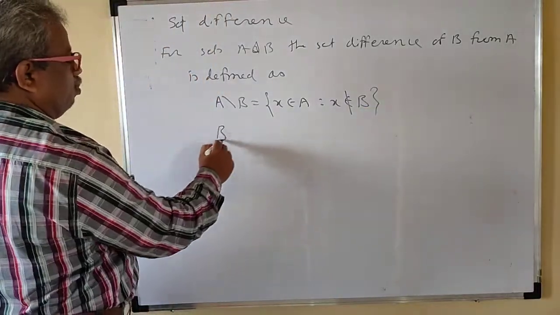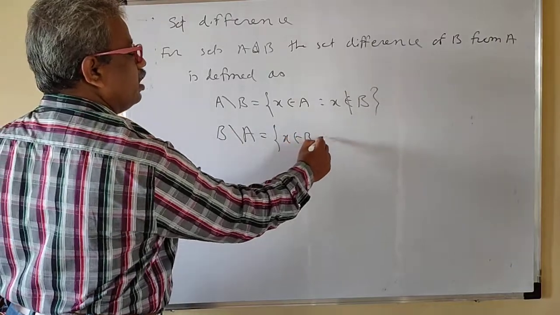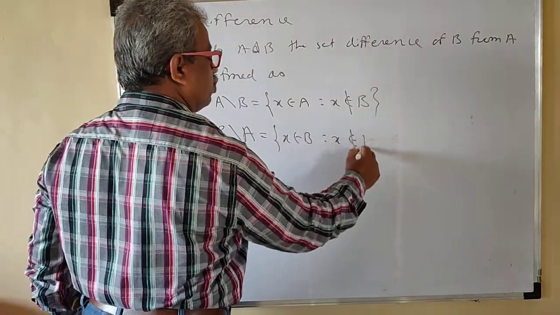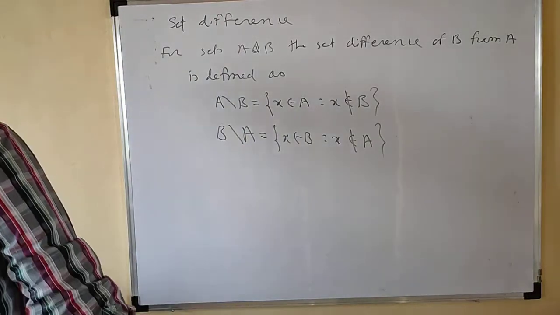You write this definition also for B: x belongs to B such that x does not belong to A.